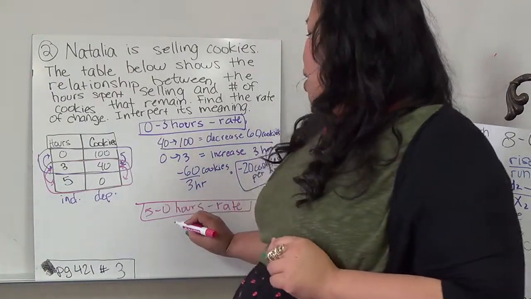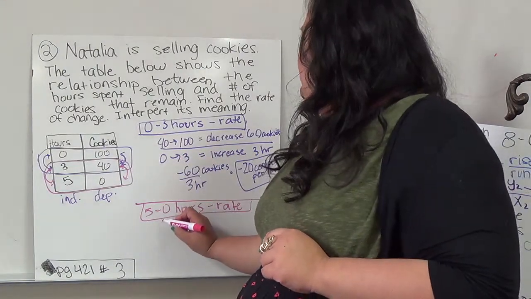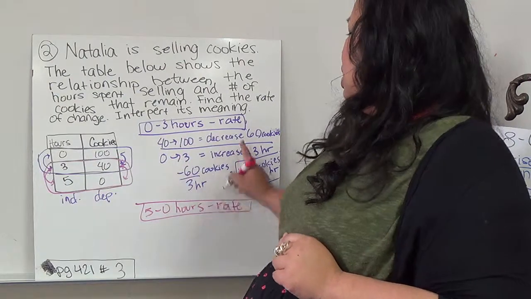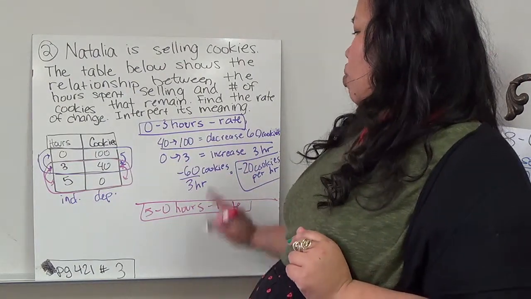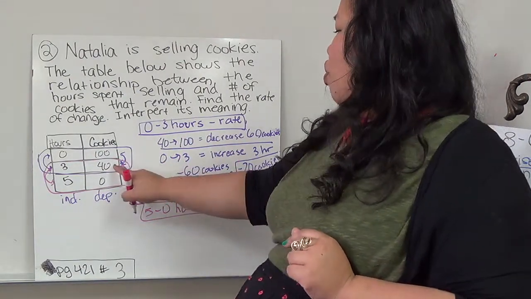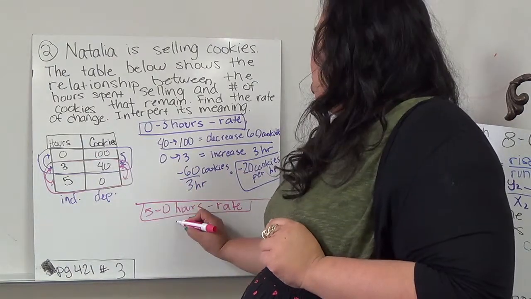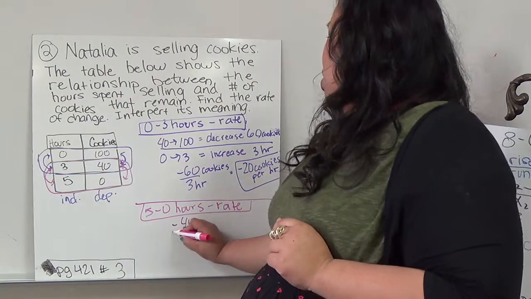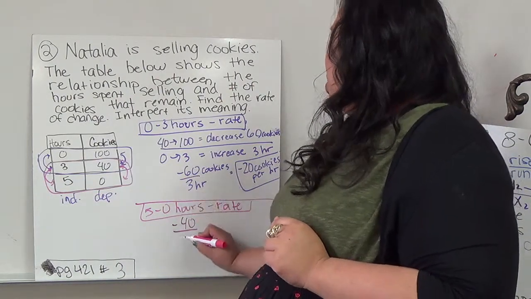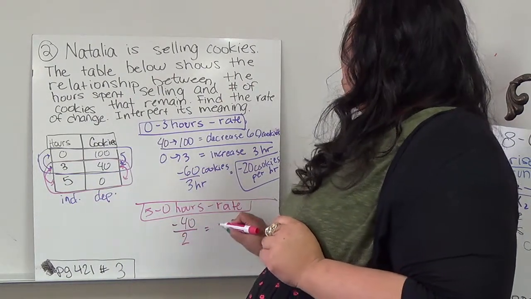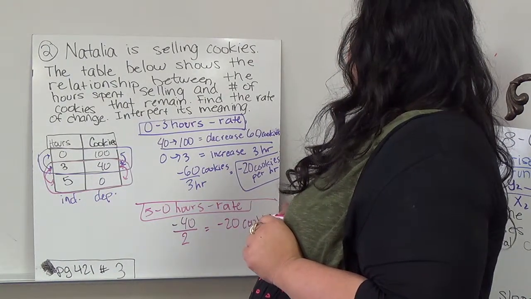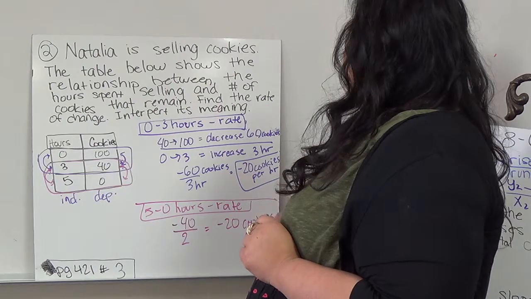All right, so my dependent, I can do it shorthand now because I have all the work here. So I do 40 to 0, so I lost negative 40, and then 3 to 5 means I go up 2 hours. So I end up with negative 20 cookies per hour.